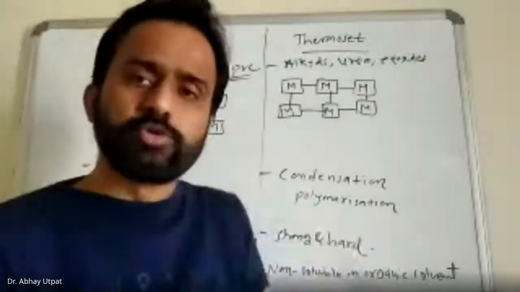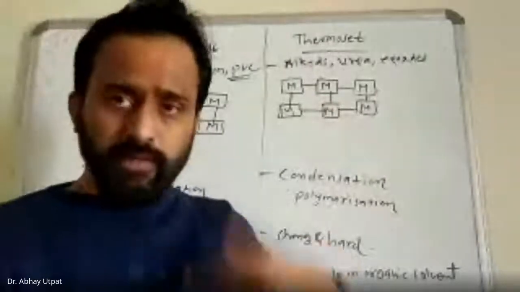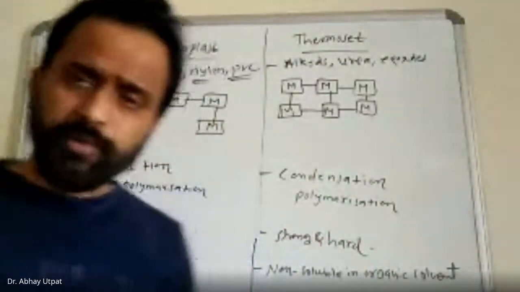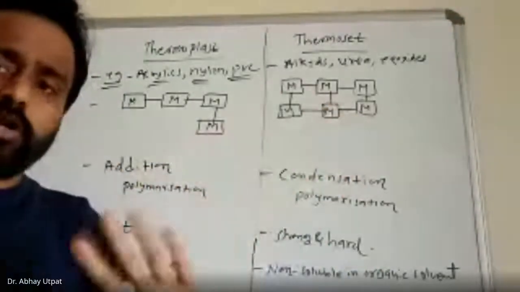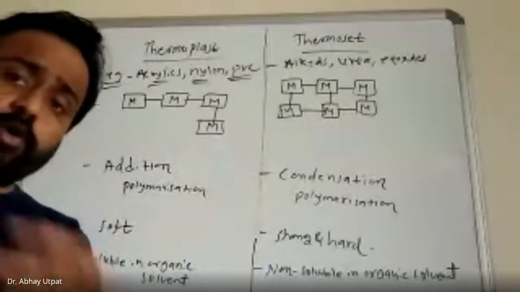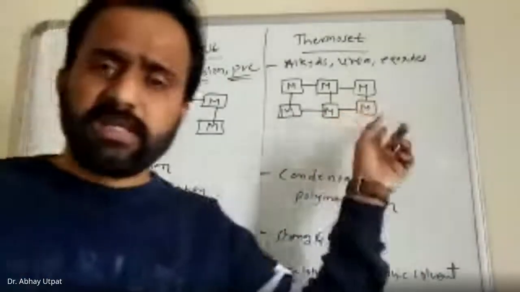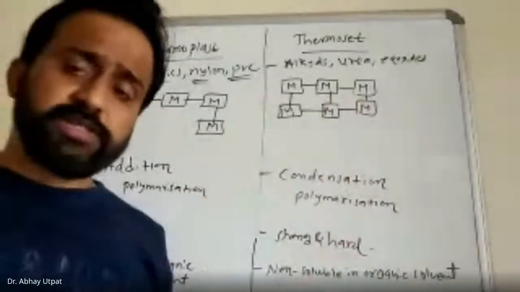You can crush it and send it to injection molding as a raw material to get a new product. It's called recyclable. Thermoplasts are recyclable, whereas thermosets are not recoverable or non-recyclable. Remember this main difference. This is having cross-linked polymer. This is having chain type of polymer. So this is all about thermoplast and thermoset.